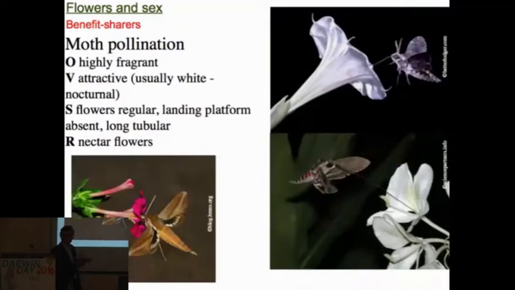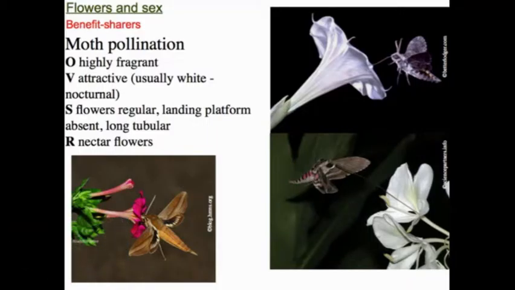Moth pollination is much more precise, because moth pollination is usually linked with nocturnal flowers, which are mainly white, because at night it's quite difficult to see the colors. And the moth becomes attracted by a very strong fragrance, most like evening honeysuckle, for example, which flowers in the evening and becomes very attractive to these pollinators.